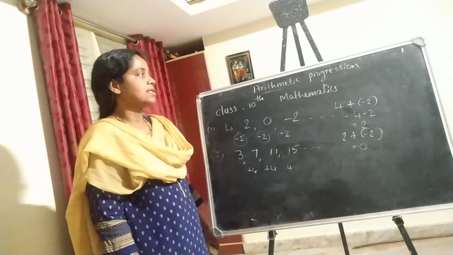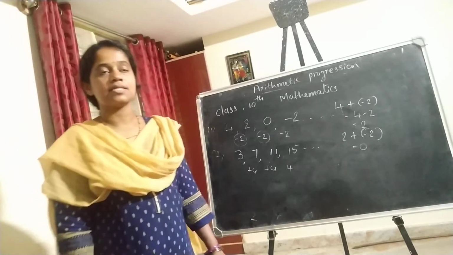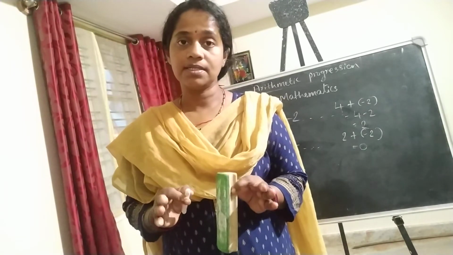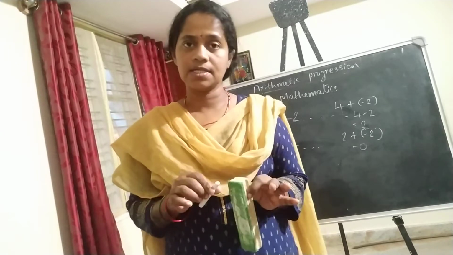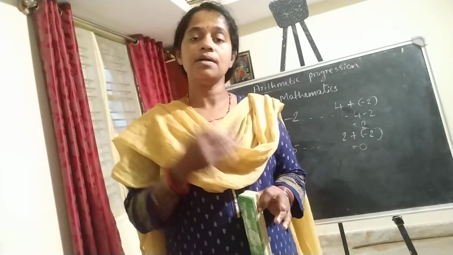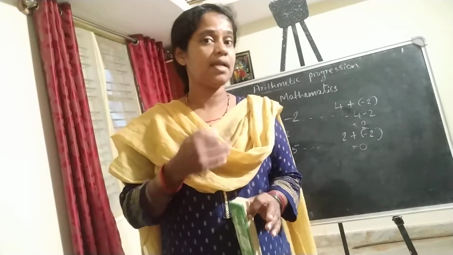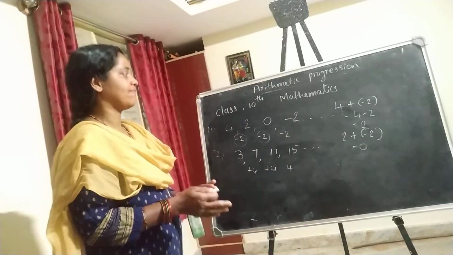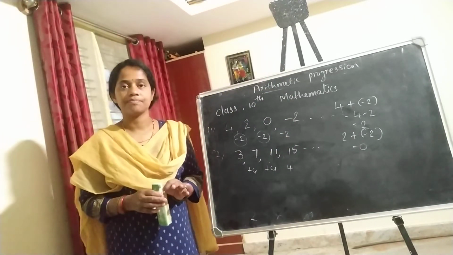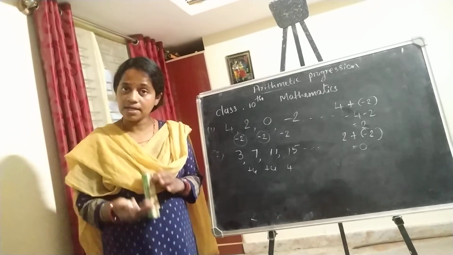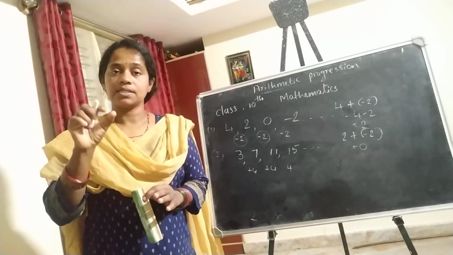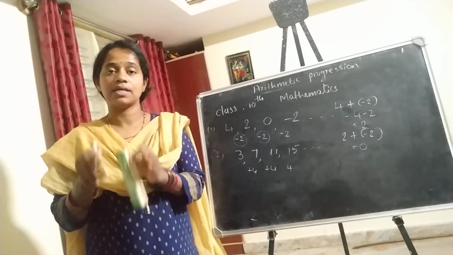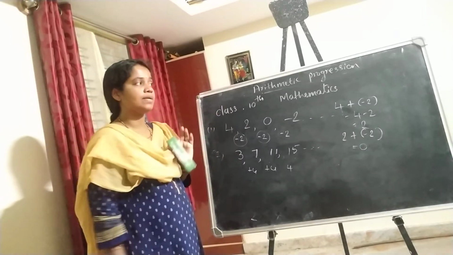It forms by adding a common term, or you can say a constant, to the previous or preceding term. Whichever sequence is formed in this way is called an arithmetic progression.